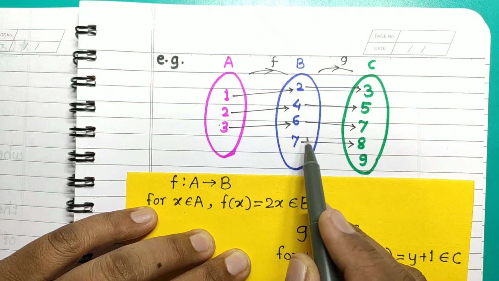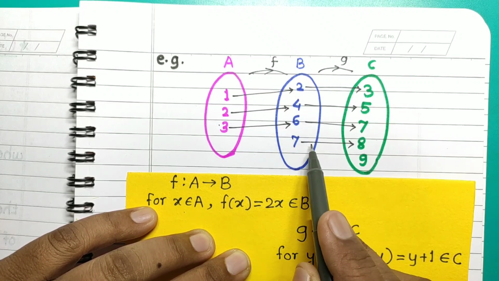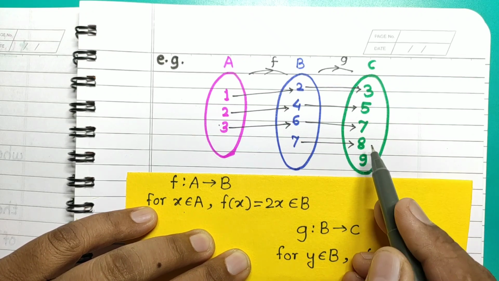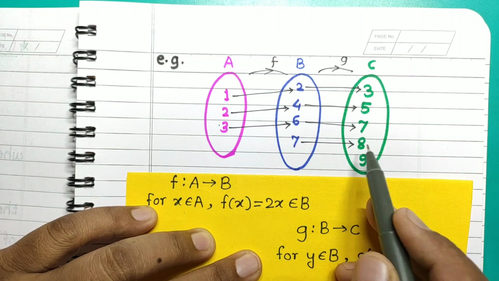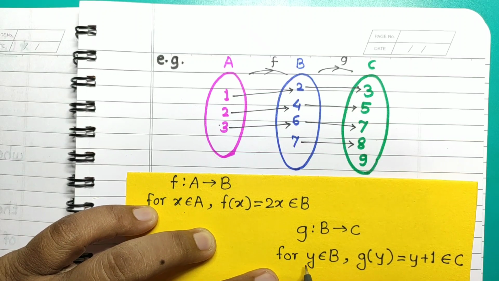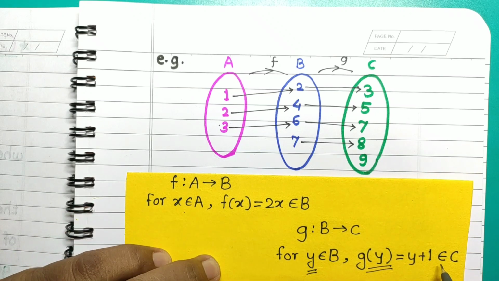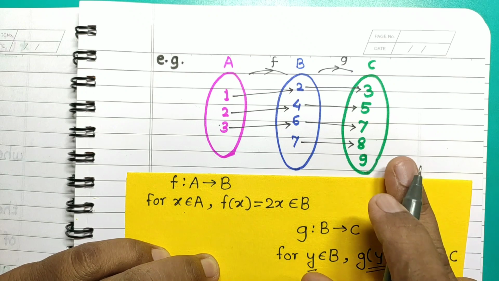And for element 7 in set B, its image is 7 plus 1 in set C. So for any element y in set B, we have its image as y plus 1, which lies in set C.